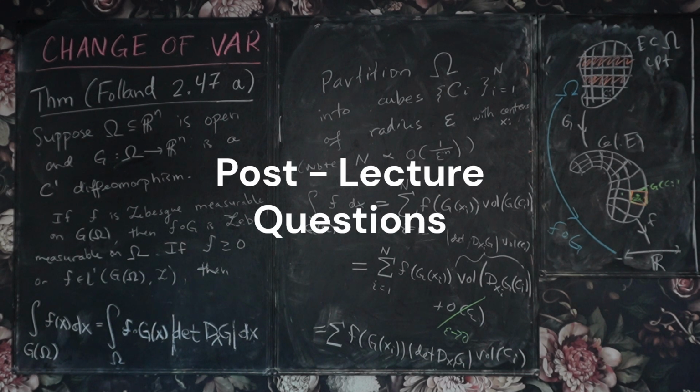If I divide a cube of side length 1 into cubes of side length epsilon, I'm dividing it into 1 over epsilon to the n cubes. And so the amount of net error in the approximation scales as epsilon to the power 1. We have this epsilon to the n plus 1 multiplied by 1 over epsilon to the n.